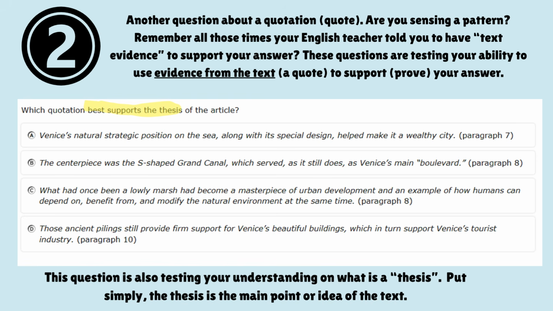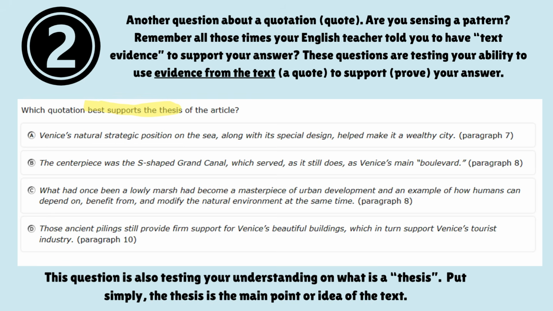So to put it simply, the thesis is the main point or main idea of the text. So what is the main idea of the text? Is the first question we have to ask ourselves. And then, which of these quotes best supports that thesis? Best backs it up? Best gives it credibility?